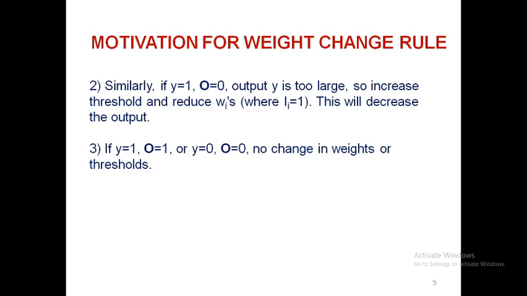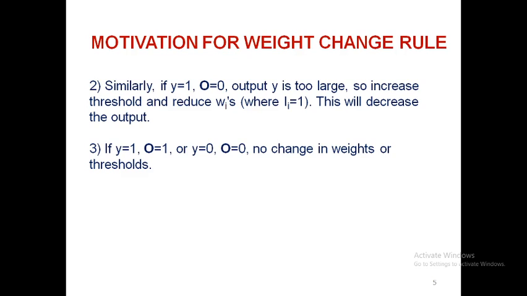In that case, we need to decrease the summing input, or we need to increase the threshold value theta. So either we can increase the threshold value or we can reduce the weights of the connection links so that your summing input will be less than theta. In that case, your output will become 0. So that's what we need to do.